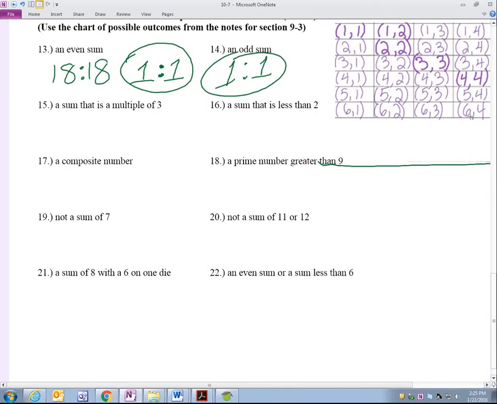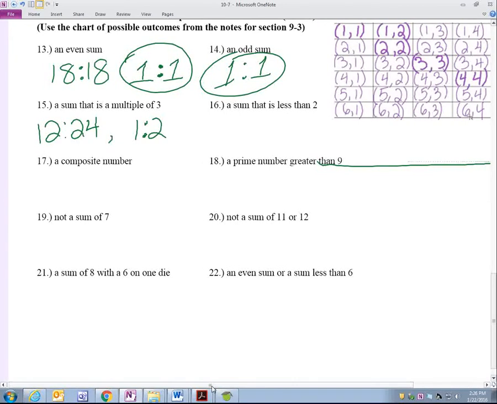Very, very close. Mandrew. 12 to 24 reduced is what? 1 to 2. 1 to 2 is the correct answer. 24, that's if there are 12 successes. Remember, if you don't succeed, you fail as far as odds go.